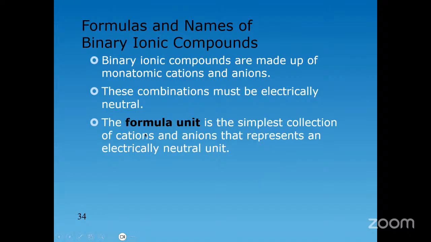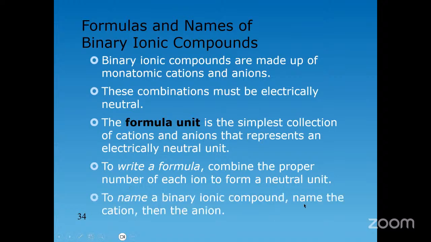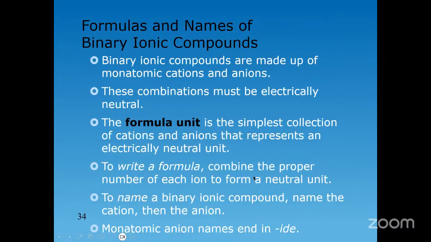And basically, the formula unit is the simplest collection of cations and anions that represents an electrically neutral unit. So to write the formula, combine the proper number of each ion to form the neutral unit. We just did that. And then to name it, we named the cation first and then the anion. And very important, the monatomic anion names always end with IDE.